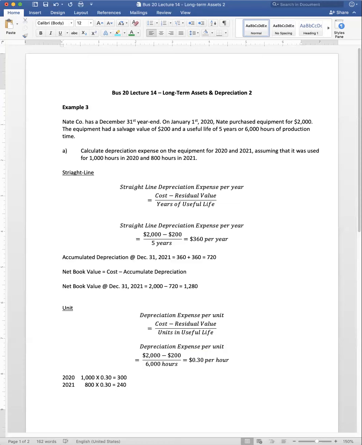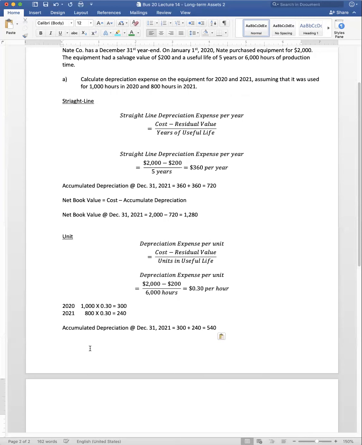Now, suppose I asked you for the accumulated depreciation at December 31st, 2021. Well, to get that, I'd have to add these two together, right? So I'd take the 300 plus the 240, and that would give me $540. All right, lastly, suppose I asked for the net book value at December 31st, 2021.